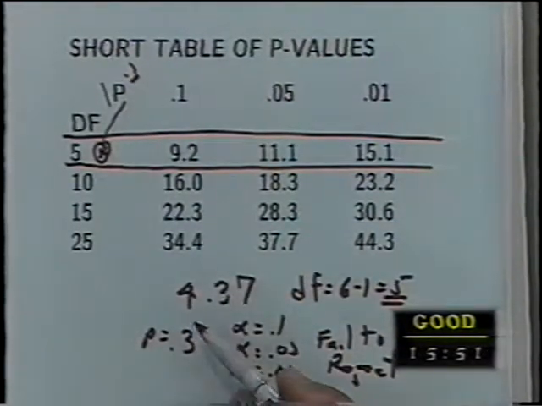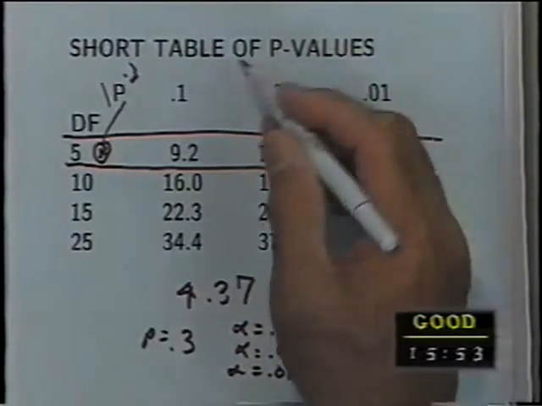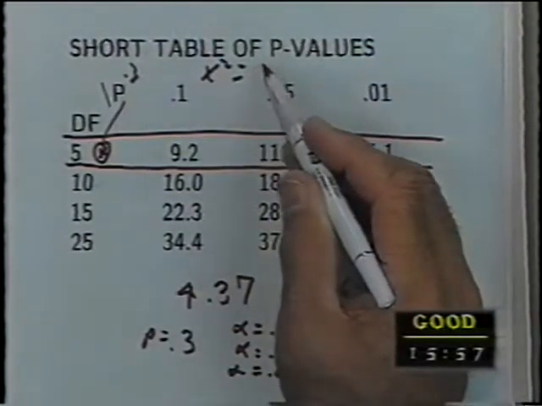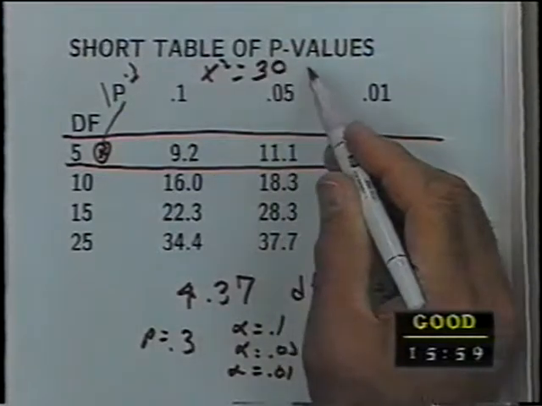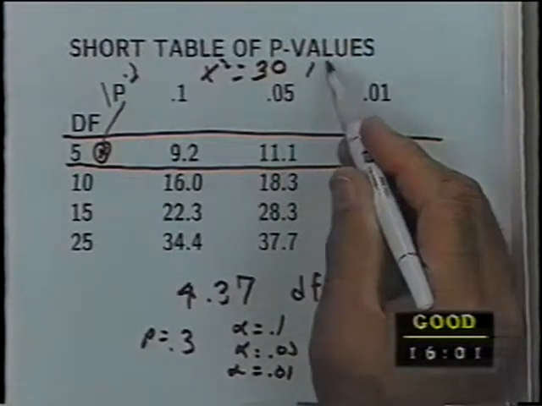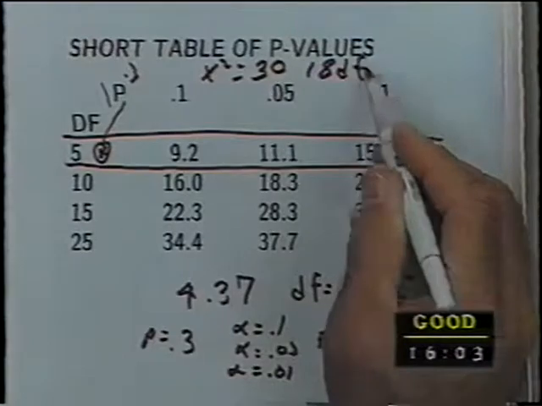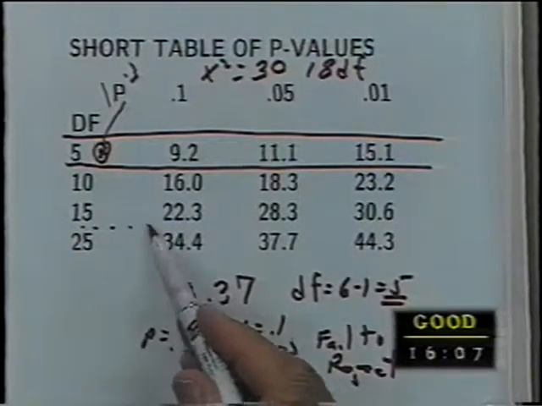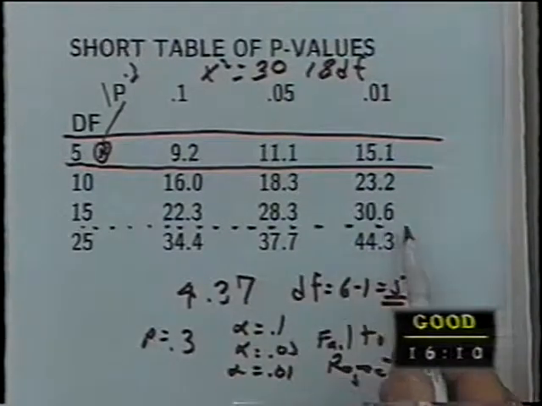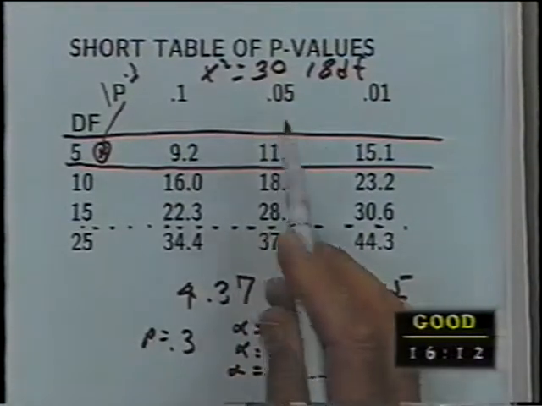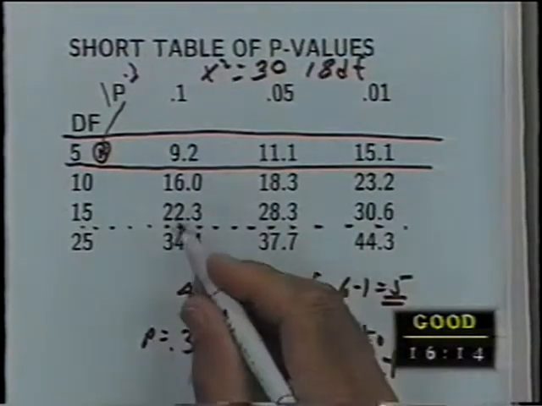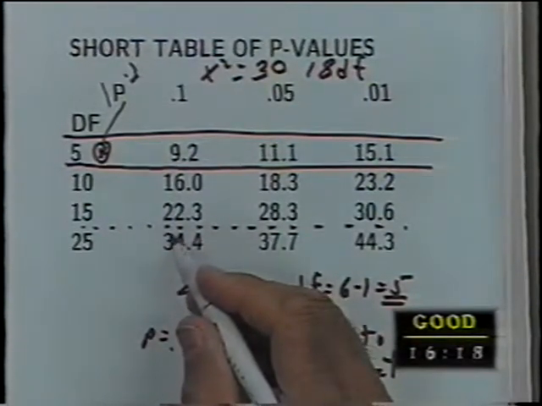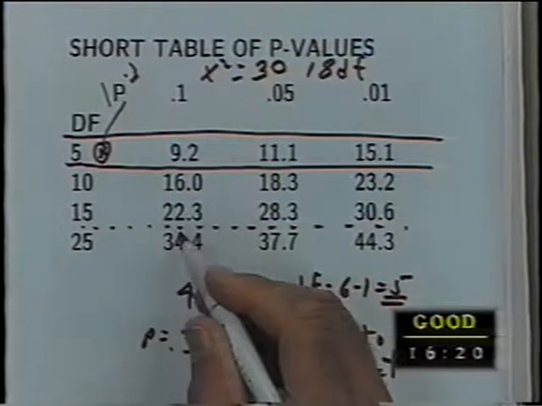If you had, let's say, a chi-square value of 30, and you had 18 degrees of freedom. Okay? What would you do? Well, 18 degrees of freedom would put you somewhere over here, in here. 30, that means here I have, from 22 to 34.